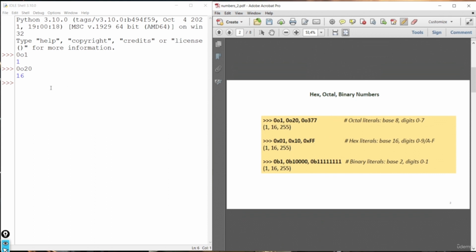Okay, so this one can be written like this: 0, o, and 377, its decimal equivalent is 255.